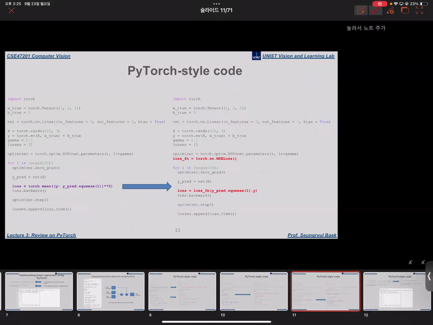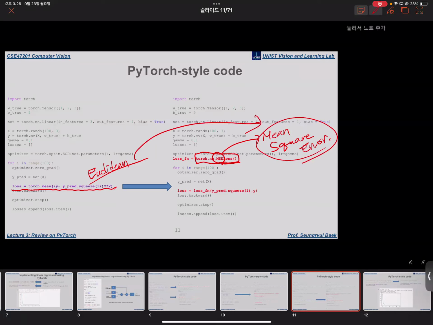And also for the loss function, this is the loss function that calculates the distance between prediction and ground truth using the Euclidean distance formula. But that is already defined in PyTorch as the MSE loss. MSE, mean square error, is actually the same as the Euclidean distance.